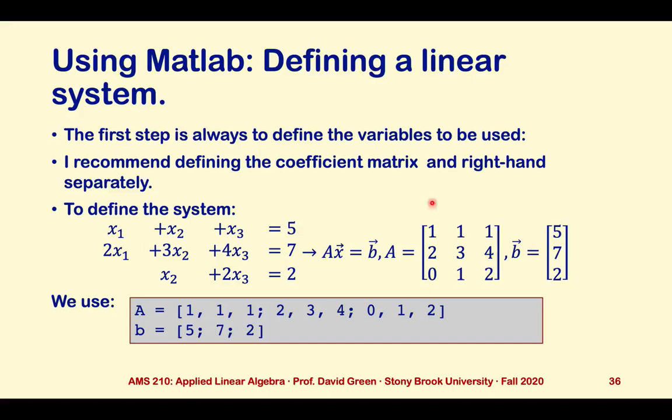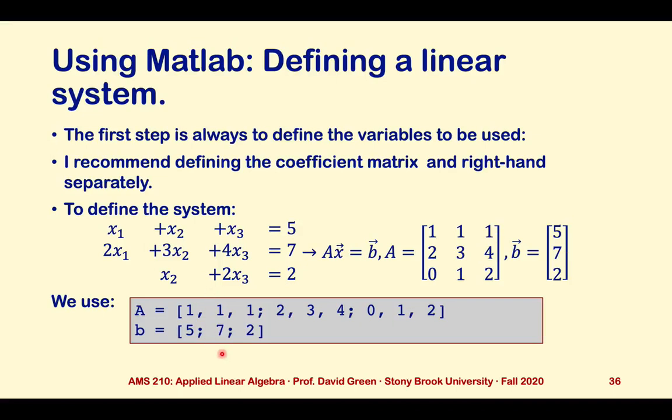This will store this coefficient matrix in A. For B, we want this to be a column vector, so we use 5, semicolon, move to the next row, 7, semicolon, move to the next row, and 2. This will give these three values stored.